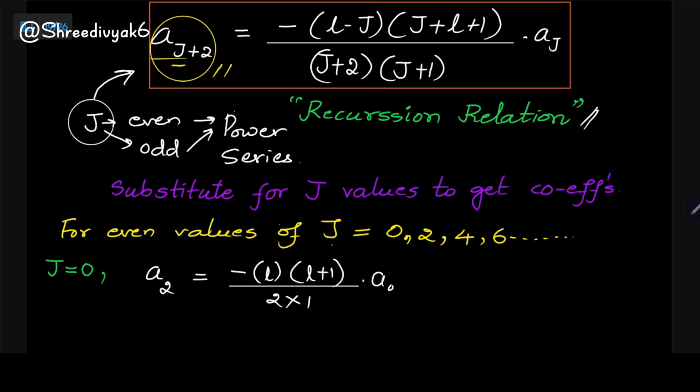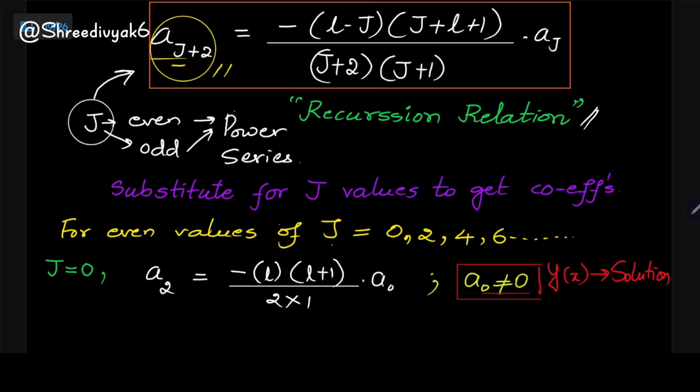Remember, this a naught we had considered as an arbitrary value, so a naught is not equal to 0. When we had assumed y of x as a solution, there we had considered that this a naught cannot be 0.